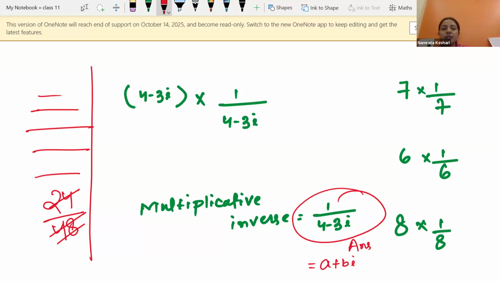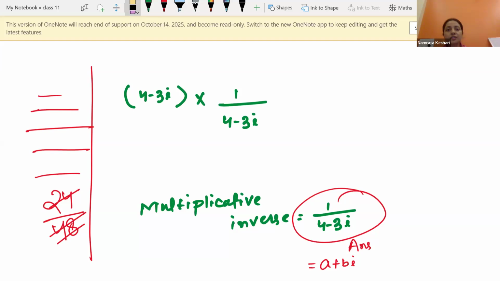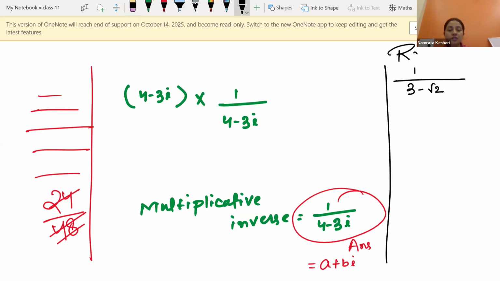Now we will try making it in standard form, like a plus bi, and we will think what we can do to make it in the format of a plus bi. So the rationalization which you used to do in the previous class, have you done a question like this, where we have 1 by 3 minus root 2, let's do the rationalization.